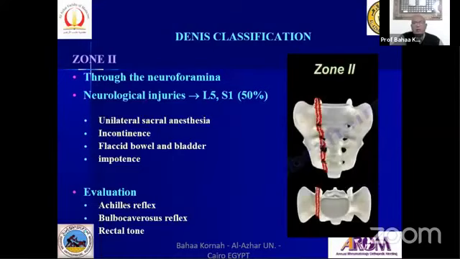About zone 2, which is through the neural foramen, the neurological deficit always affects L5 to S1, about 50%. Unilateral sacral anesthesia can present as a clinical picture. Incontinence can occur, flaccid bowel and bladder can occur, and at the end impotence.